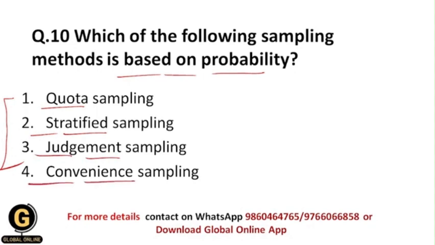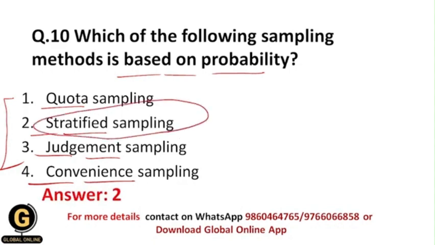All of you understood that there is only one sampling technique, which is the stratified sampling technique. It is the probability sampling technique, and all others are non-probability sampling techniques. Now all of you understood what is quota sampling and what is convenience sampling, so now let us see what is judgment sampling.